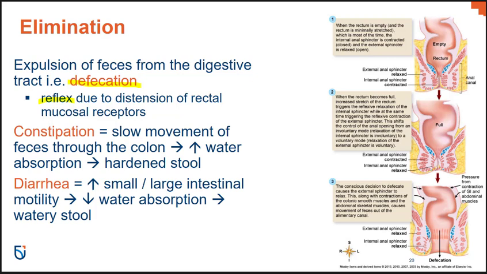So this large volume of material, including excess water that arrives in the large intestine, exceeds the large intestine's ability to absorb it, and so a watery stool results. Prolonged diarrhea can obviously be very serious and even fatal, especially in infants, because of loss of water and electrolytes, and in the case of an infant, their reserve of water and electrolytes is going to be more limited than that of an adult.